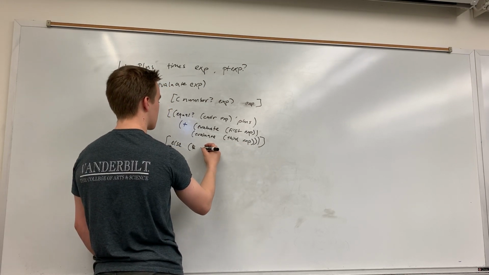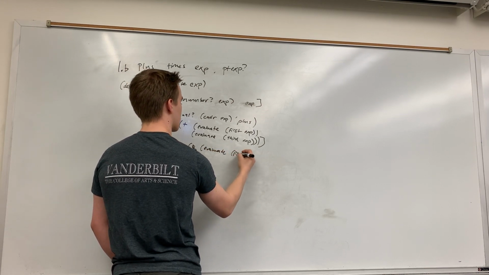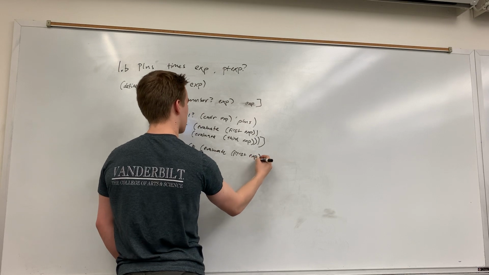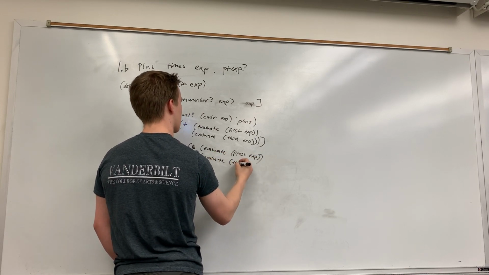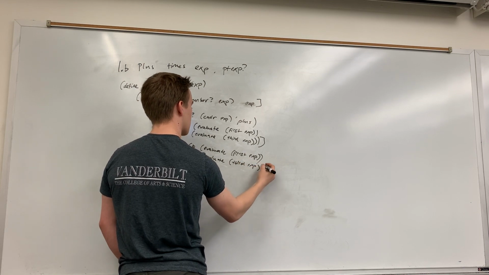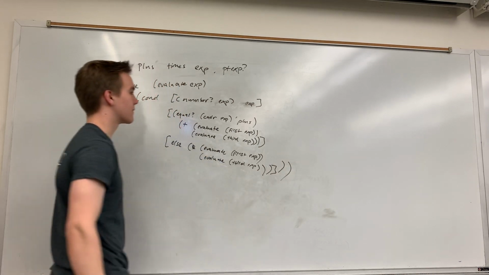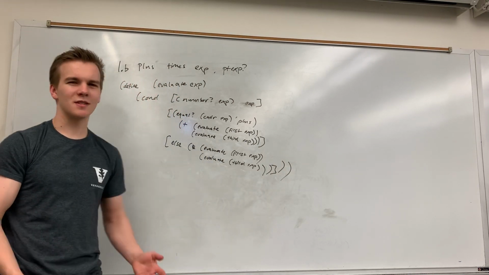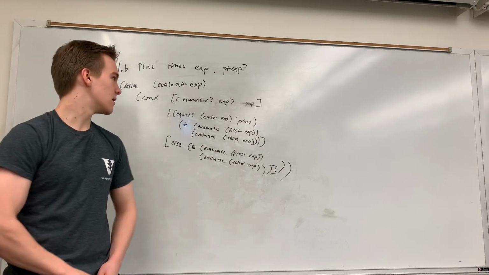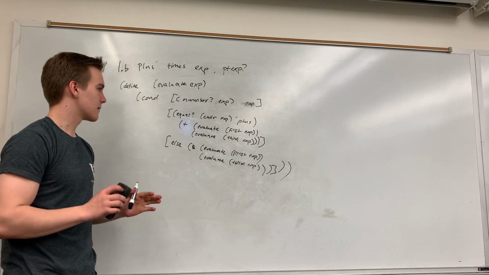Times evaluate first expression, evaluate third expression. Close my cond, close my define. Okay. Hope that works. It feels almost too good to be true, right? Too easy. Okay. Assuming that I didn't royally mess this up, I'll move on to the next problem.